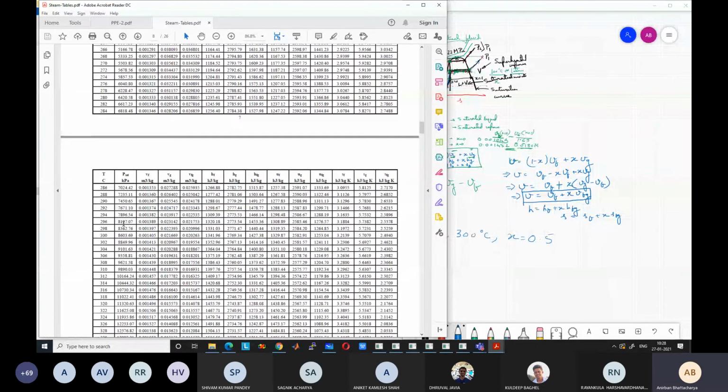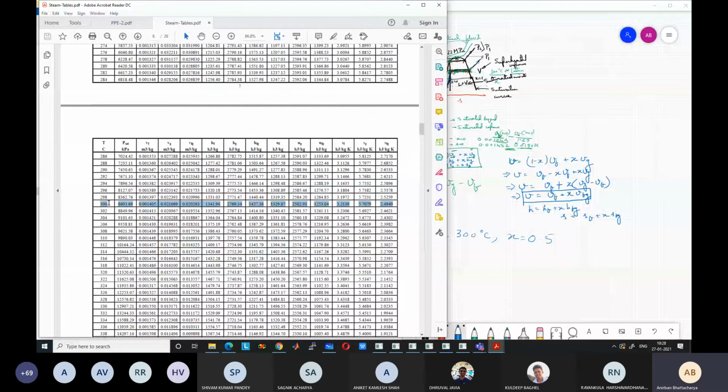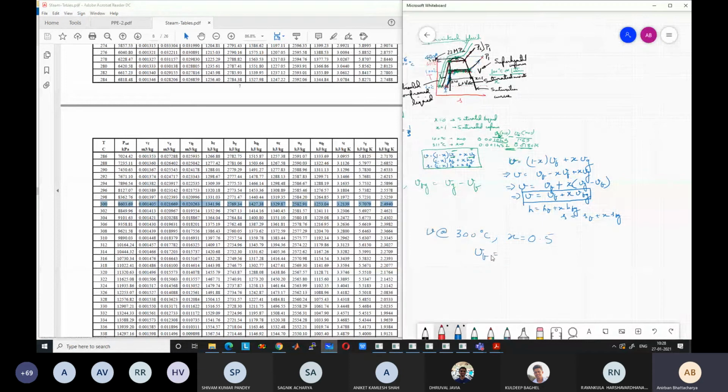Okay. So at 300 degrees centigrade, what is the value of VF? It is 0.001405 meter cube per kg. Units are important. What is the value of Vg from the table? Again, you can see Vg is 0.021669 meter cube per kg.